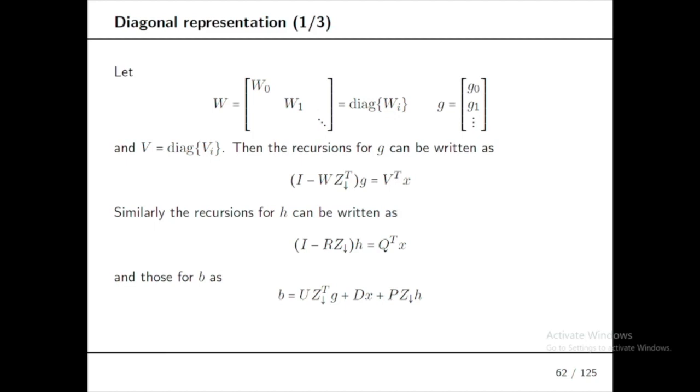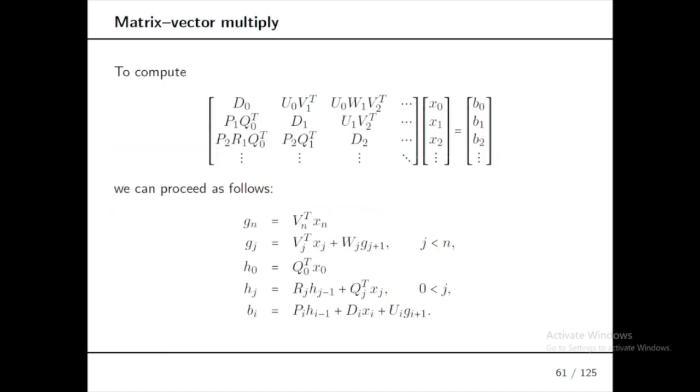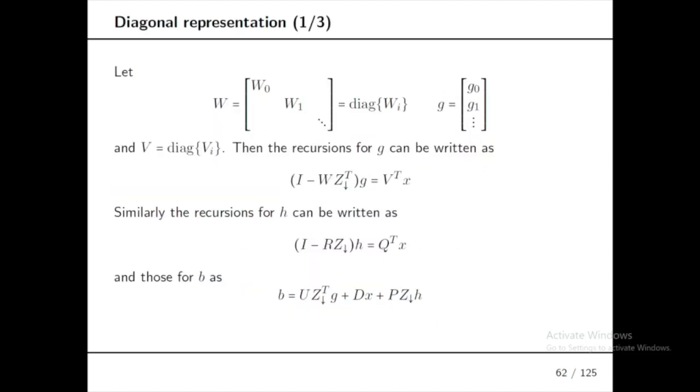So these two recursions over here, g_j depends upon g_{j+1} multiplied by w_j plus v transpose x, and this is written in this nice form as identity minus this bidiagonal matrix times g is equal to v transpose x. Of course, in this way of writing it, it looks non-causal. To compute g, you have to apply the inverse of that bidiagonal matrix to v transpose x. But that's just forward substitution, or back substitution in this case.